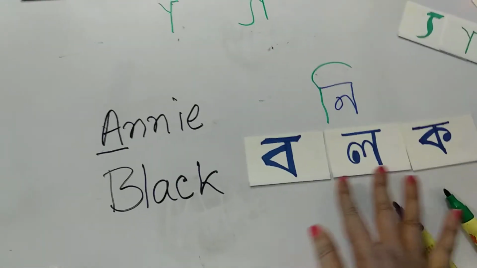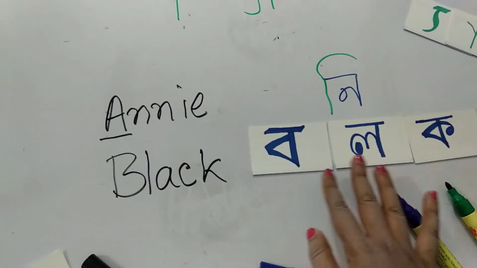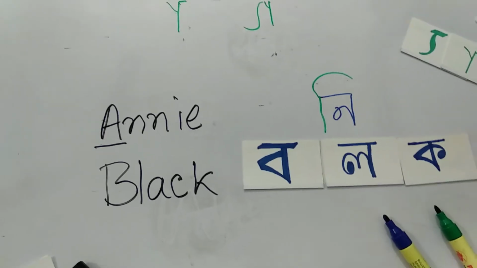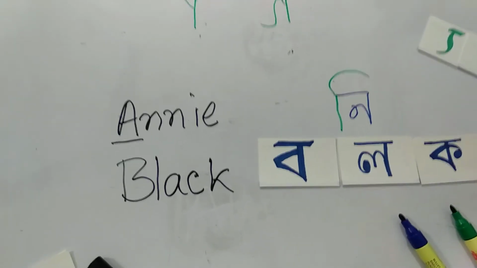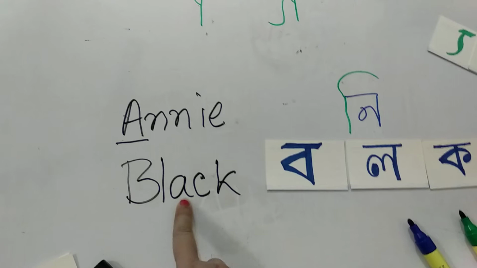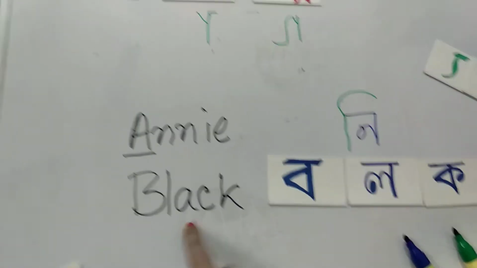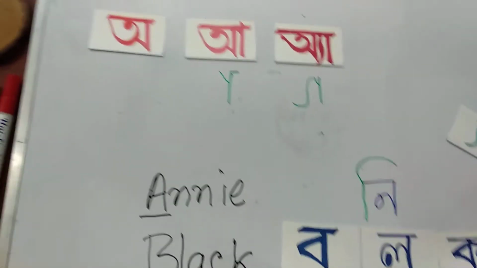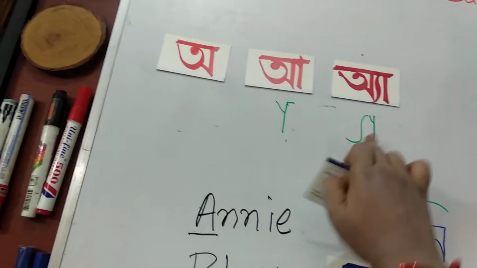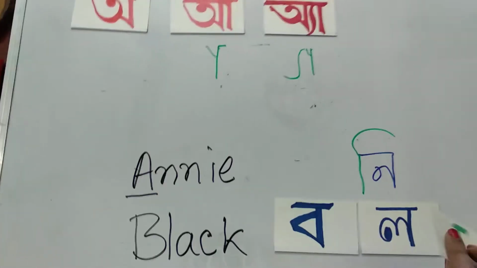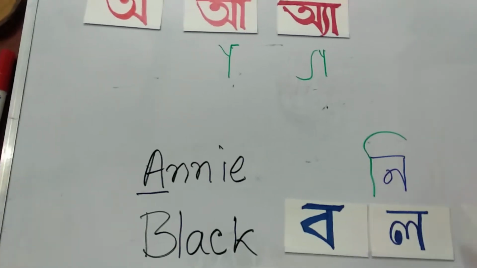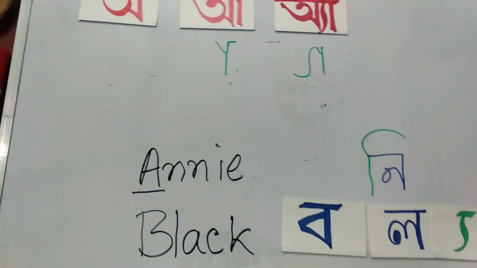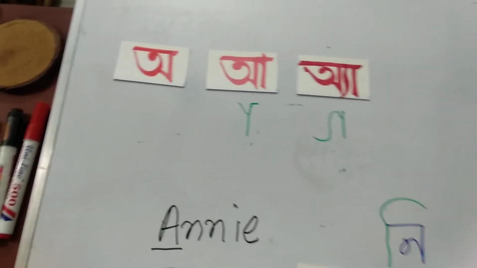So if we put these three side by side, it is bollock, but we need to make it black. So that means we will definitely need the A vowel sign. So we'll take this A vowel sign, right? And we will put it after law. Okay. Now I need akar.